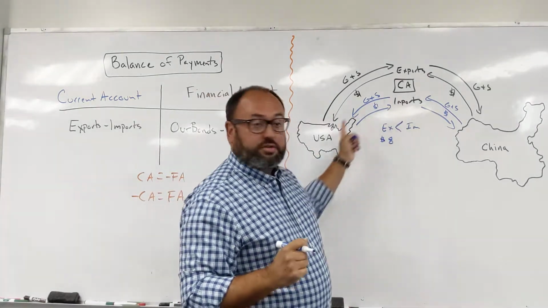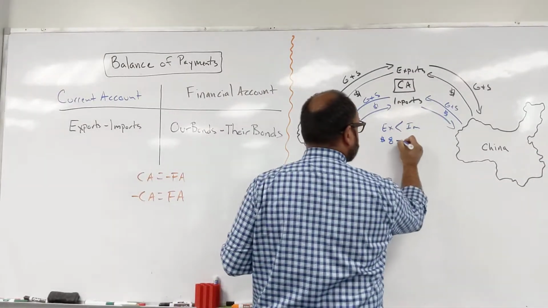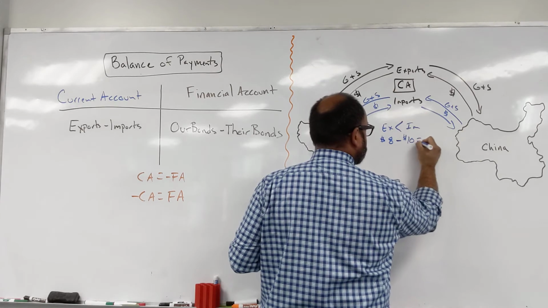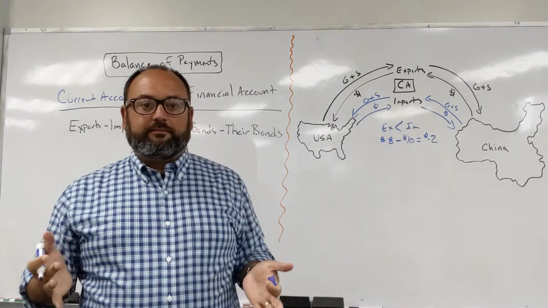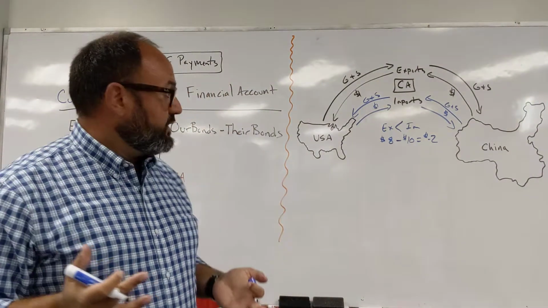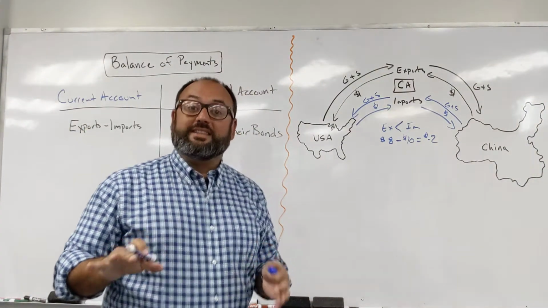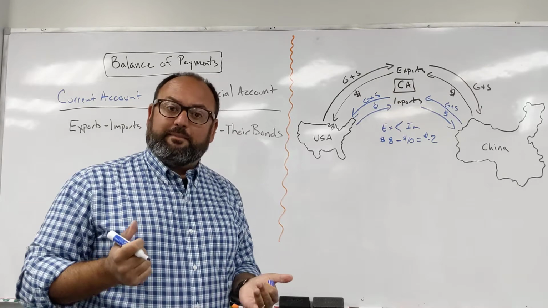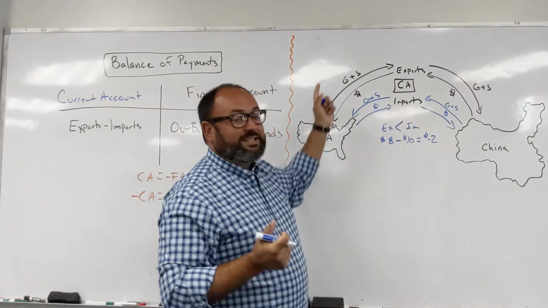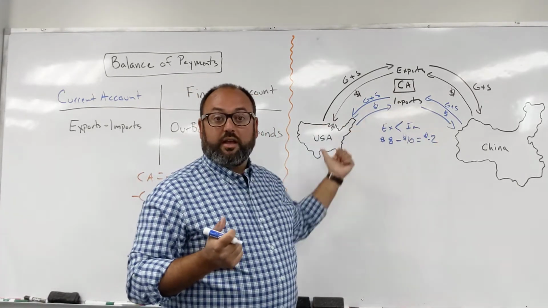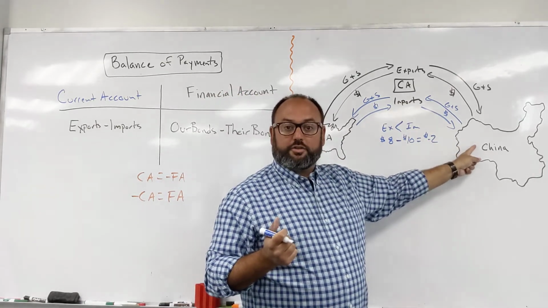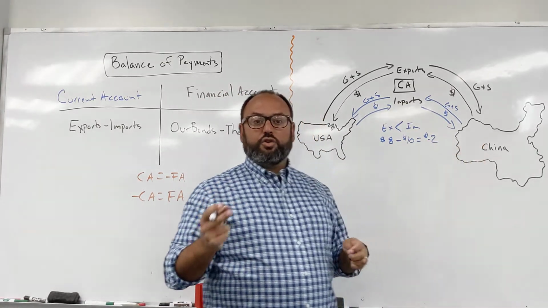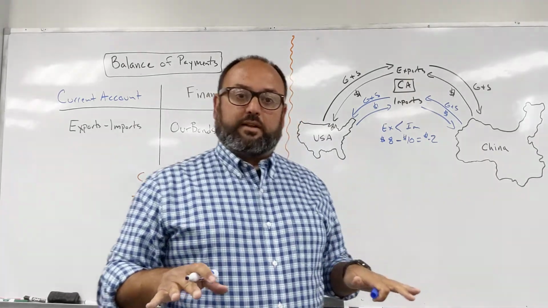And our imports are $10. That would mean that the current account for the United States in relationship with China is negative $2. What does that mean? It means that Americans spent $2 more than they received.